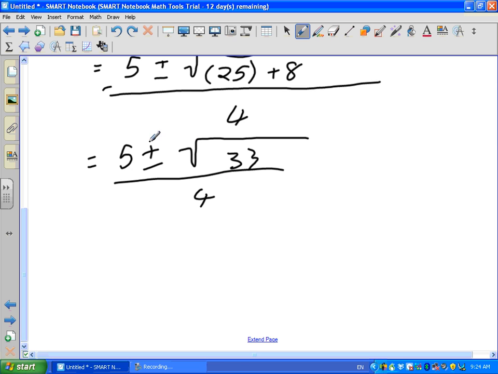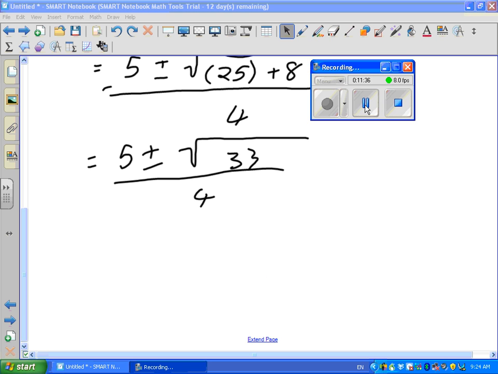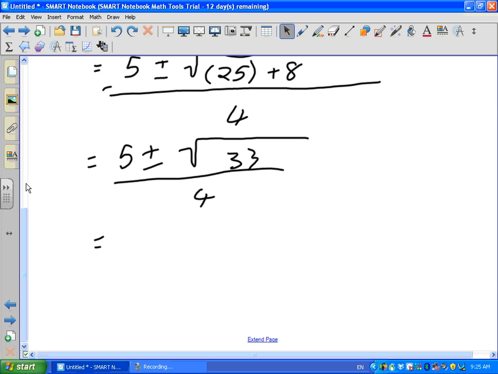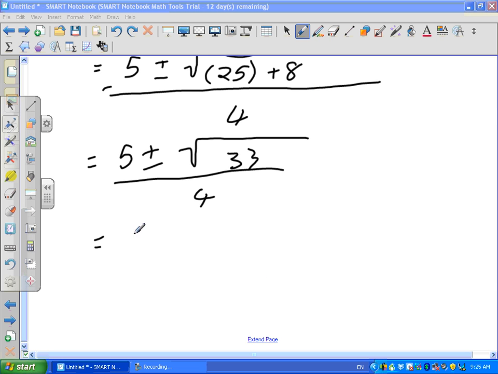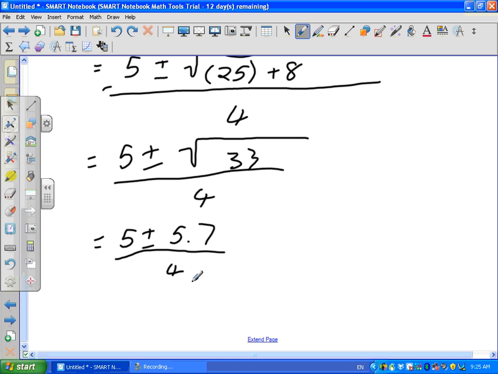So the root of 33 is about 5.7. 5 plus 5.7 over 4. Now we've gotten to the point where once again we're going to have to split it. So we have one of them that says 5 plus 5.7 over 4.